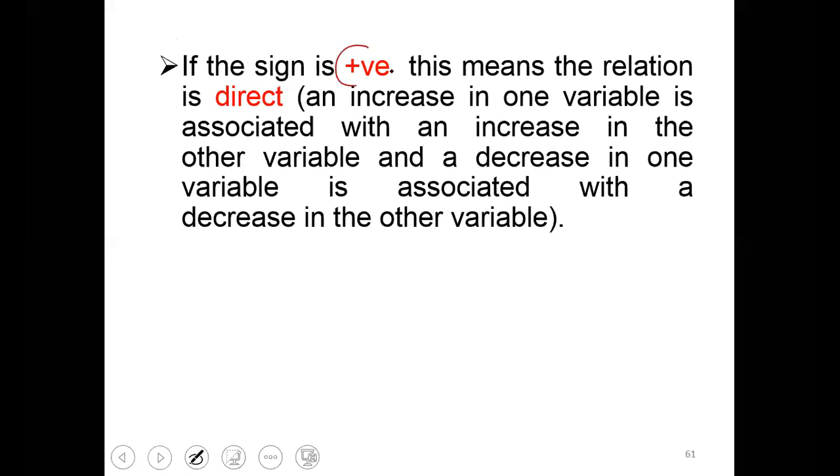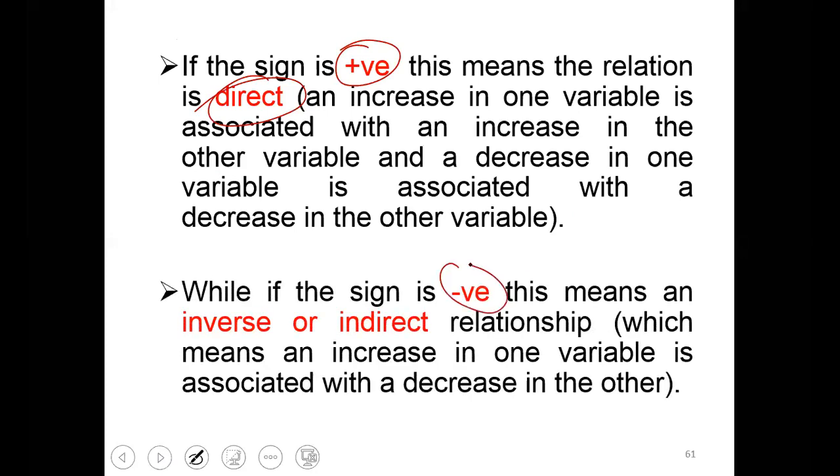If it is positive, as we said earlier, it is a direct correlation. If it is negative, it is an indirect or inverse correlation, right? So if x increases, y decreases, or if y decreases, x increases, vice versa.